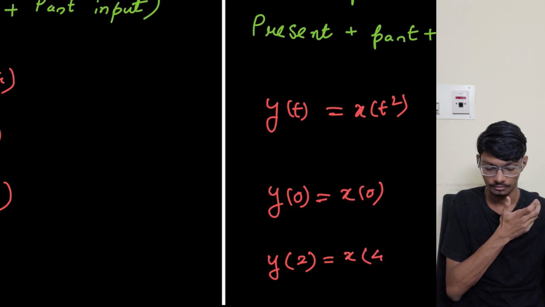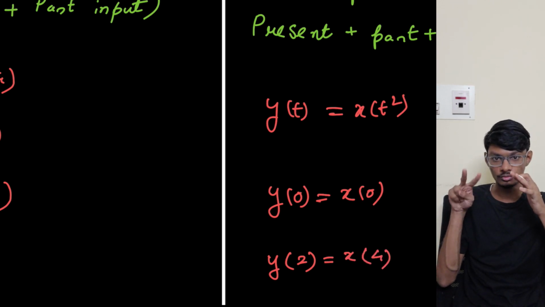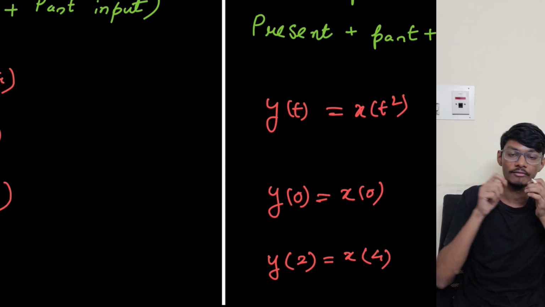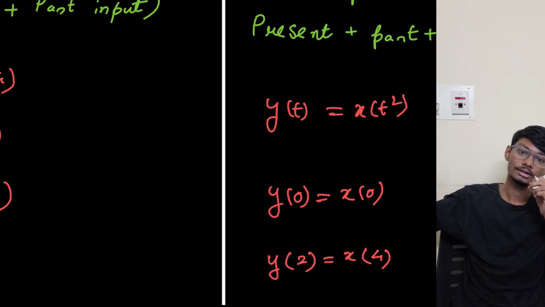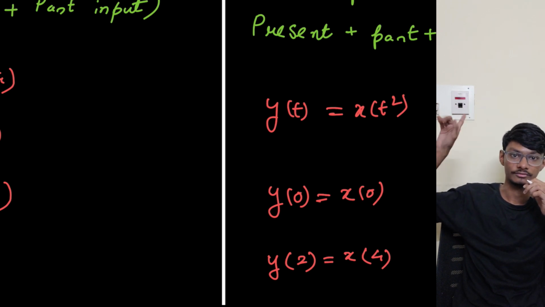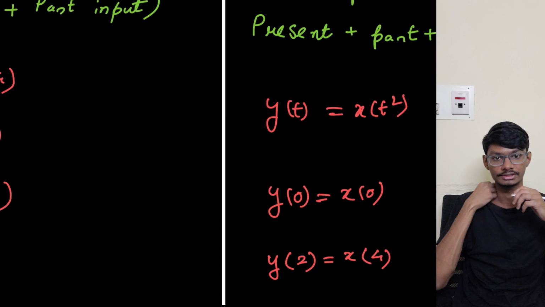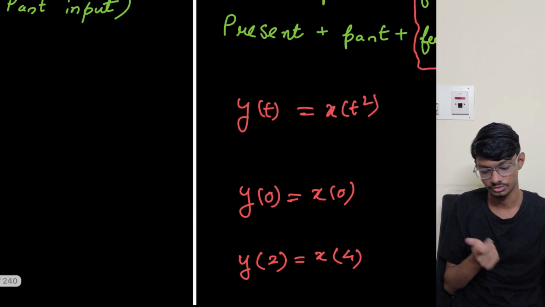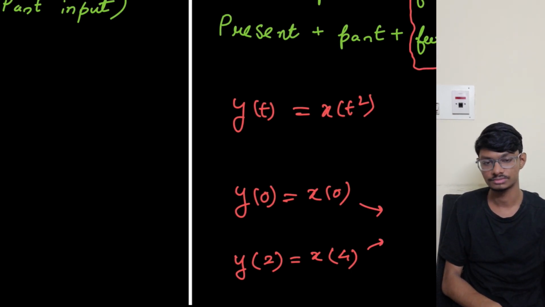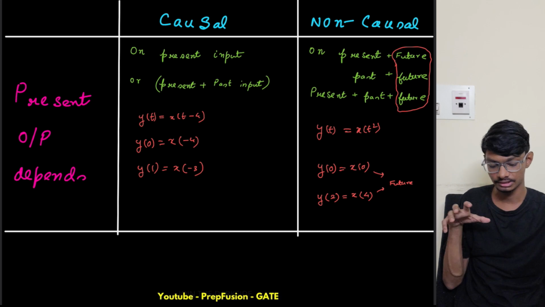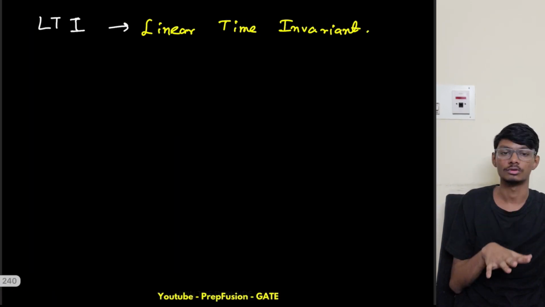It is x of 4. So for the instant t equals 2, to get an output I have to get the input at 4. That is the future, so how will I do that? That is basically a non-causal system. It doesn't depend on the present, it depends on the future, present plus future. So this is basically the difference between causal and non-causal.